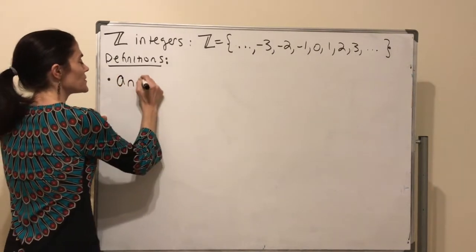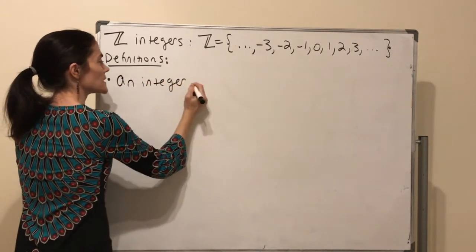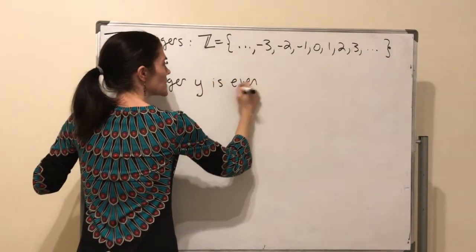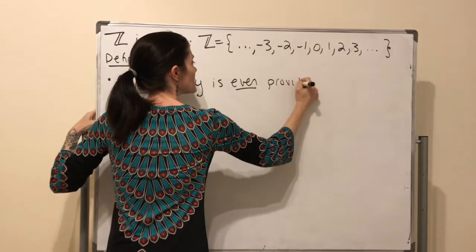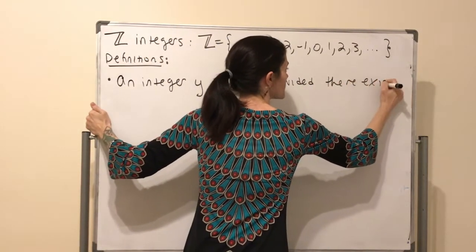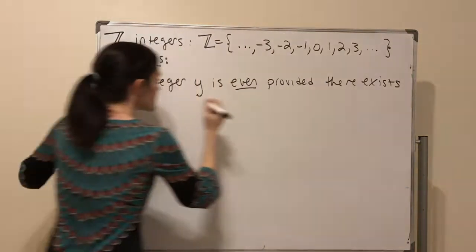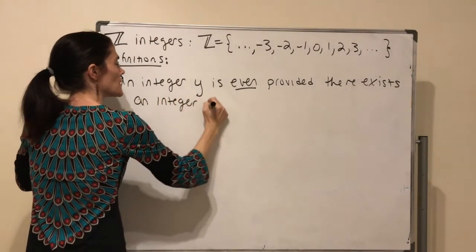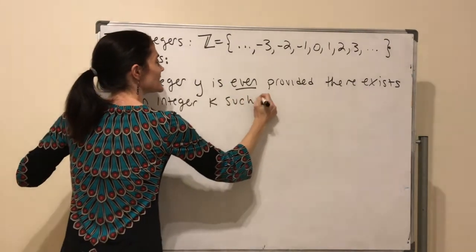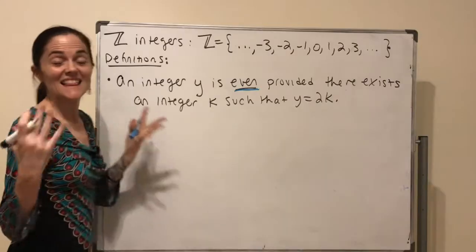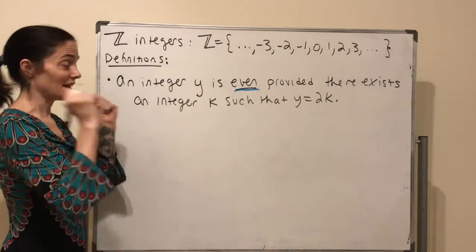An integer, let's say y, is even provided there exists an integer k such that y is 2k. This is the definition of even.